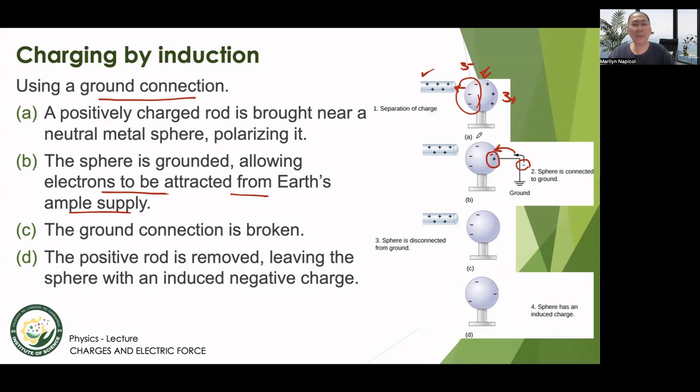Na pag tinanggal na po natin yung ating ground connection at tinanggalan natin yung ating positive rod, ang mangyayari is that ito ngayon ay magiging negatively charged. Okay, negatively charged na. Saan napunta yung mga positive charges dito? Napunta na po siya dito sa ground. Na-attract na po siya doon sa negative charges na nandun sa ground natin.